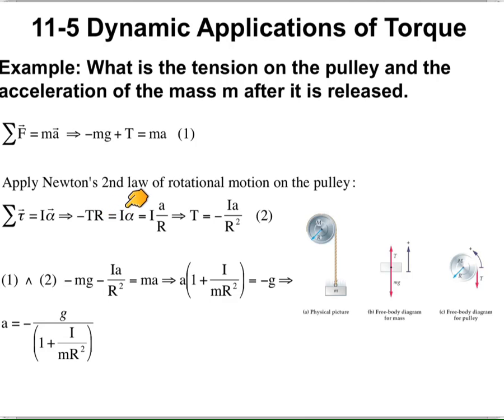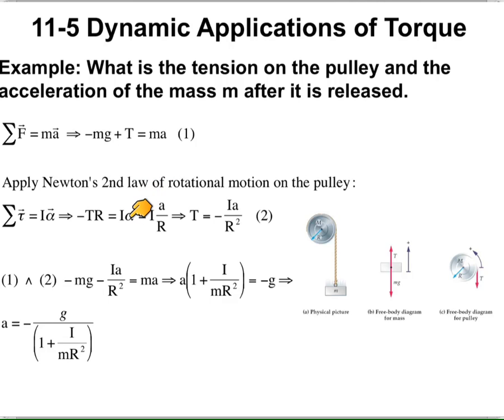This is equal to I times alpha, and I is the moment of inertia of the rotating object, which in this case is a disk. The pulleys are disks, and the moment of inertia for disks is 1/2 m r square. But let's keep the moment of inertia as I for the time being, and I will put the correct value later. So I times alpha.